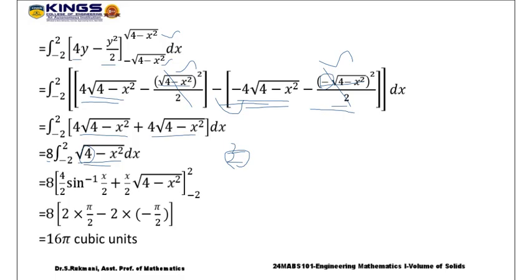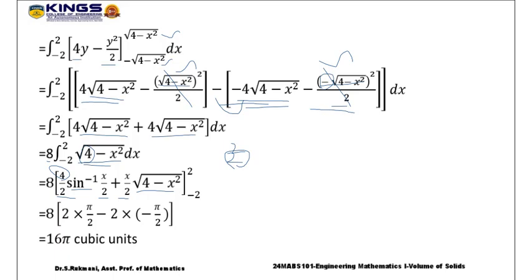So you know already the formula for the integral of root of a square minus x square is nothing but a square by 2 sine inverse of x by a plus x by 2 root of a square minus x square. So here a square by 2, a square means 2 square, 4 by 2, sine inverse of x by a equal to 2, plus x by 2 root of a square minus x square, that is root of 4 minus x square.